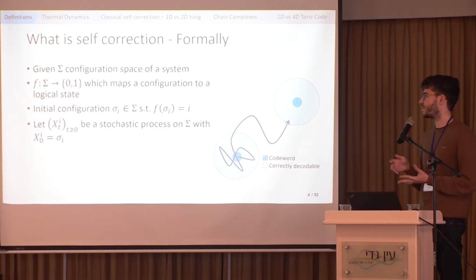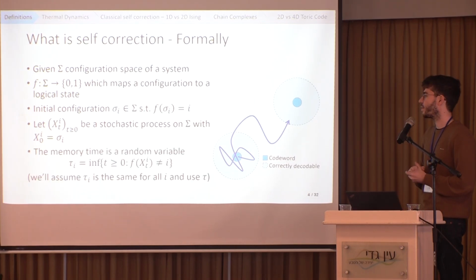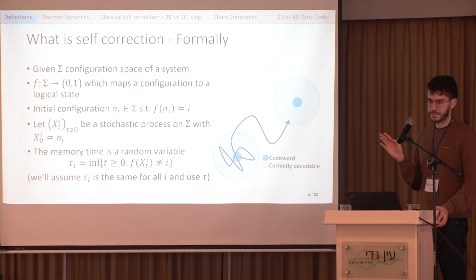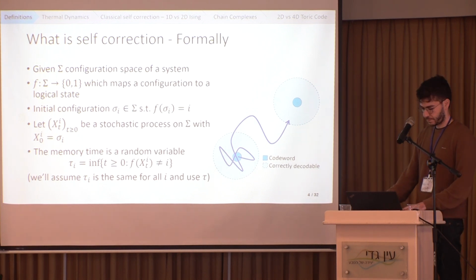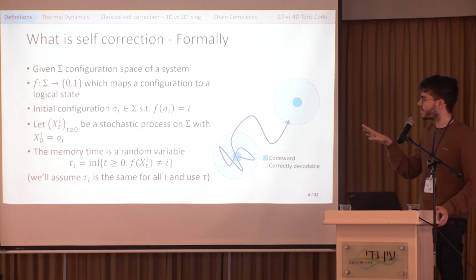It evolves stochastically in time. And then we care about the memory time, which is the first time in which the logical state is flipped. What is the first time that the value of f won't be I? And we will omit this tau I, because we just assume that it's the same for both cases.